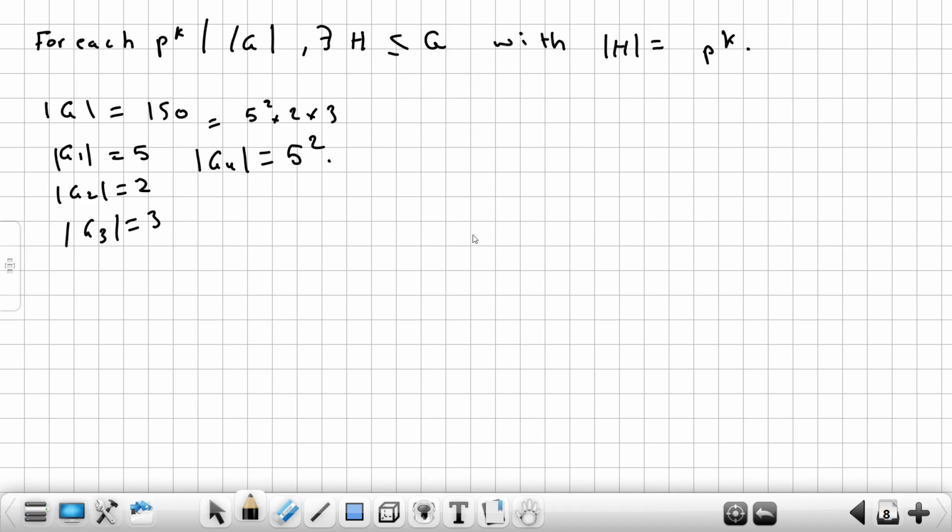Proof. Of course, the identity is a trivial subgroup of G with order equal to p^0, which is 1.